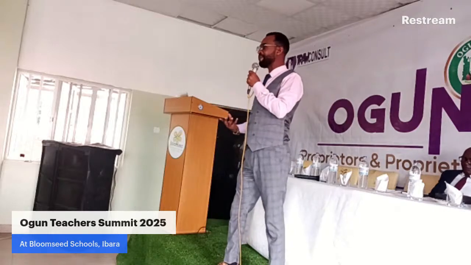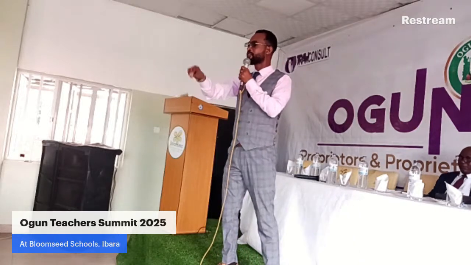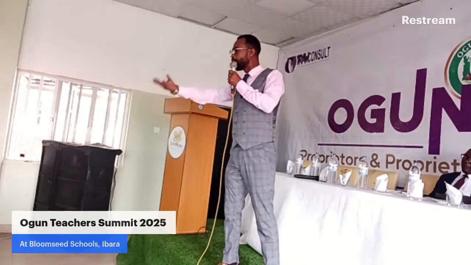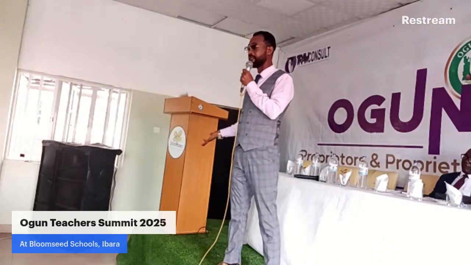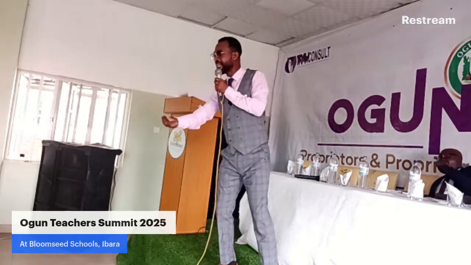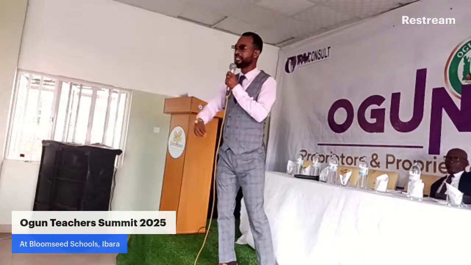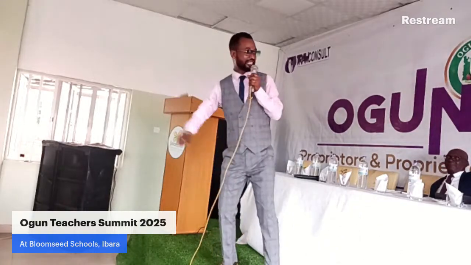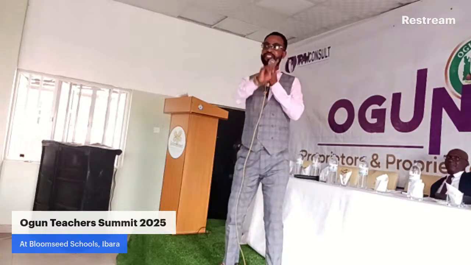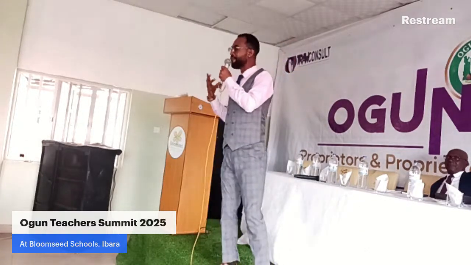The other one is natural language processing, of course. If it was trained on Chinese, I can't understand it. So they have to train with English, Yoruba, Hausa, Igbo. If you present an Igbo question, it will answer you in Igbo. The one that does that is called natural language processing.